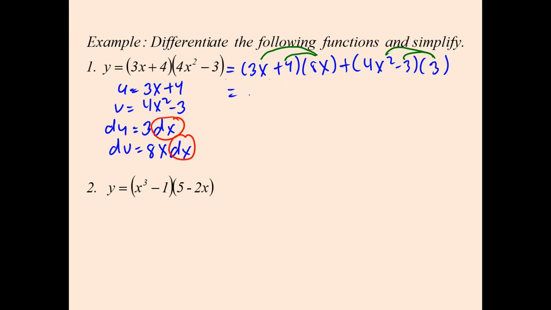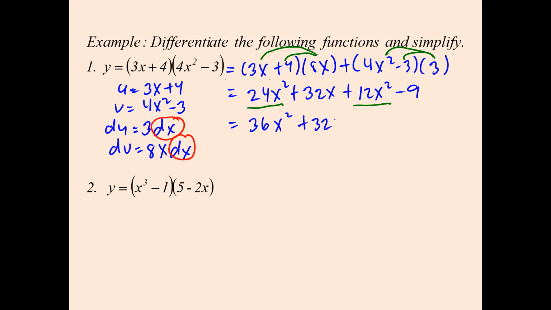So, meron na tayong 8 times 3 is 24x squared plus 32x plus 4 times 3 is 12x squared minus 9. Pwede pa nating i-simplify. Meron tayong 24x squared at 12x squared. So, meron tayong 36x squared plus 32x minus 9. And that is our final answer. So, y prime is equal to 36x squared plus 32x minus 9.